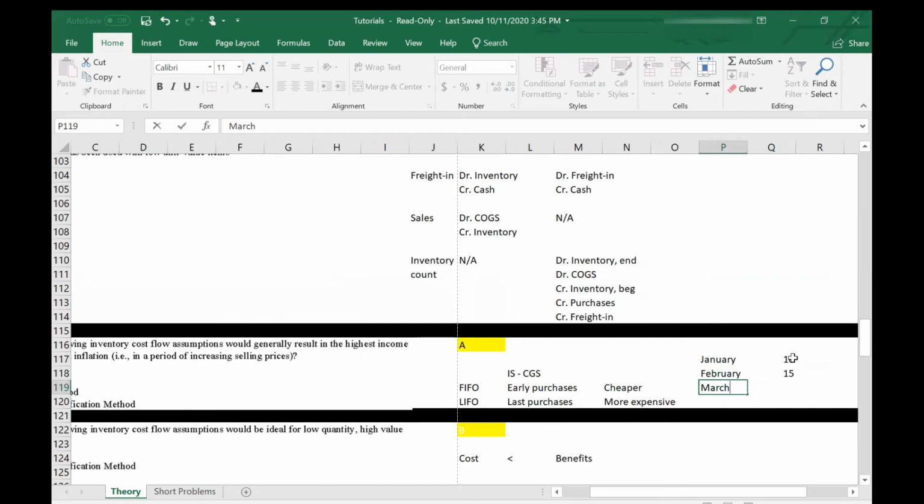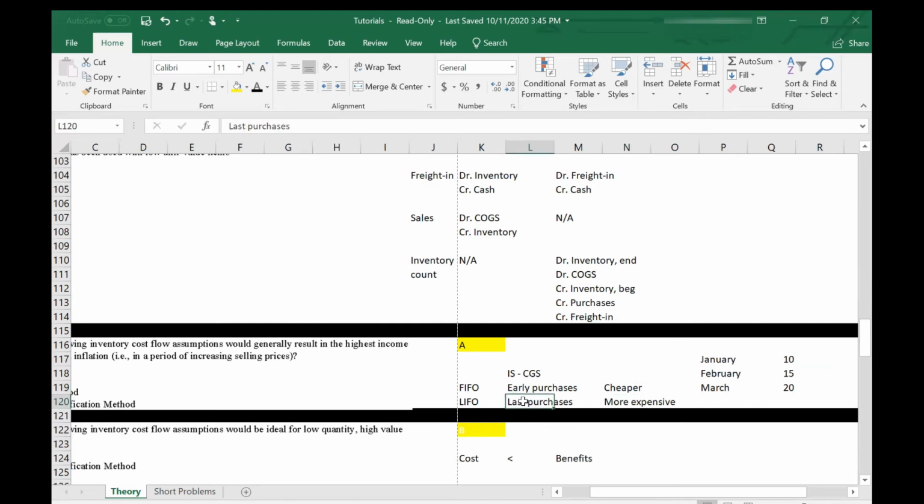March costing 20 peso. So if it is first in, first out, early purchases, and your prices are increasing, saan dyan yung magiging CGS mo? It's the January, di ba? Therefore, yung mapupunta sa CGS mo kapag FIFO, again, first in, first out, early purchases, so cheaper. Meaning your CGS mo, mas mababa.